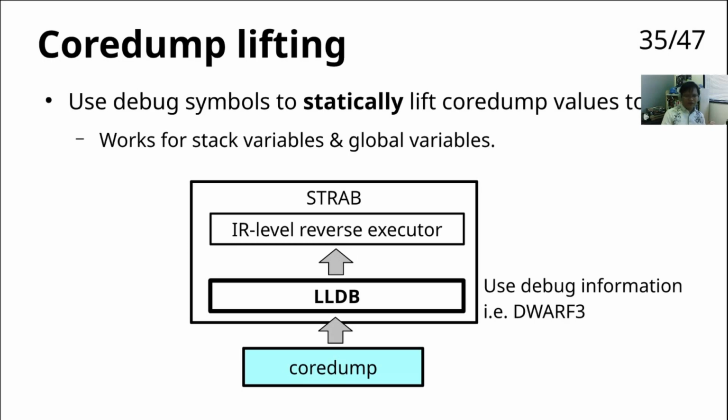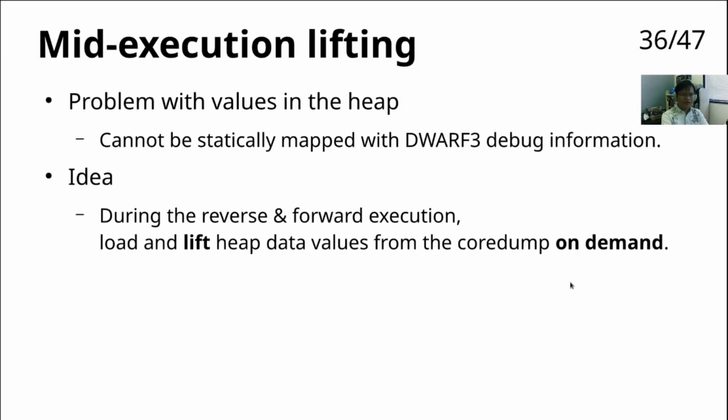So we use DWARF debug information to statically lift data values into the IR reverse executor. But that alone is not enough, because for example, heap data values cannot be mapped using debug information. So we also propose mid-execution lifting.